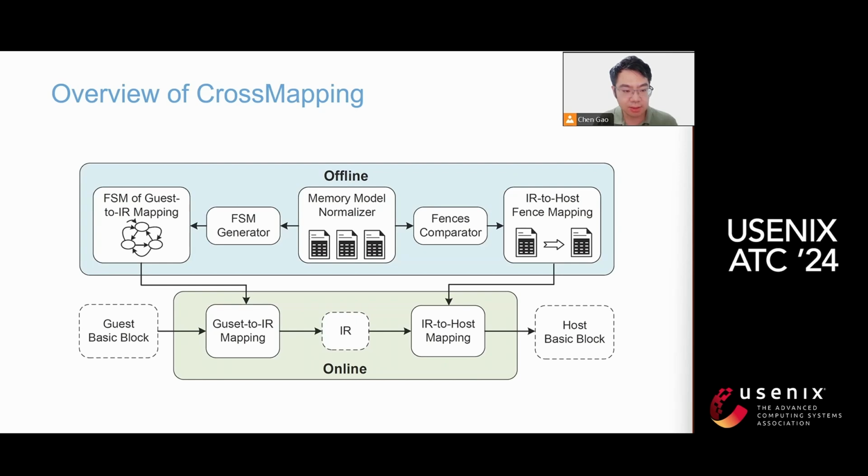In the offline phase, CrossMapping simultaneously derives two mapping schemes, named the FSM of mapping from guest to IR and the fence mapping from IR to host. In the online phase, conducting these two mappings within the DBT system achieves the preservation of the guest memory orderings on the host during execution.